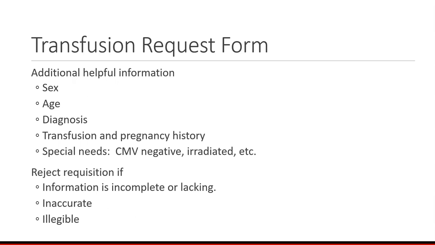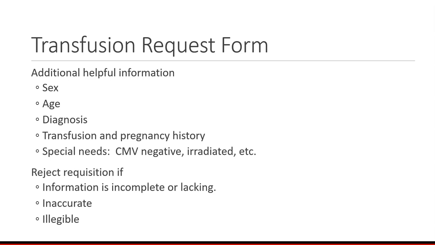Additional helpful information that may be on the transfusion request form is the sex, whether they're male or female, their age, because if I do have serological problems, their age may be a clue. For example, the very, very young and the very old may have weaker ABO antibodies.